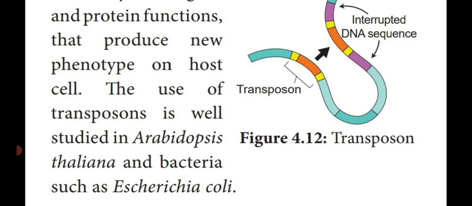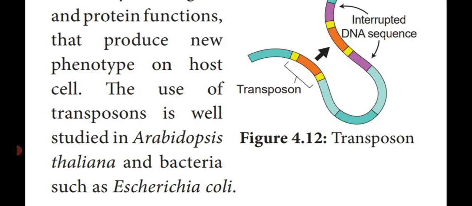These transposons are well studied in the plant Arabidopsis thaliana, thale cress or mouse-ear cress, and in the bacterium Escherichia coli. So in these two, bacteria and plants, we see this walking gene or jumping gene, which contains a special DNA sequence and is able to insert itself into the target gene loci.